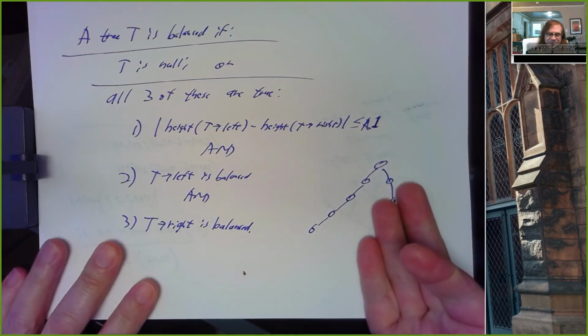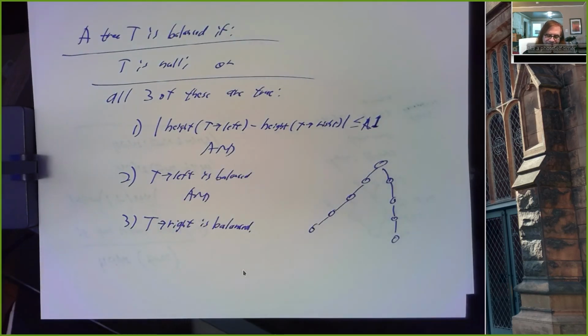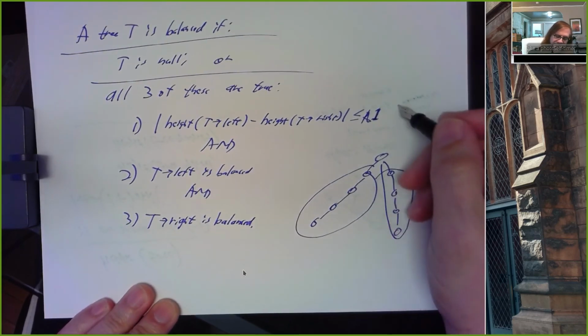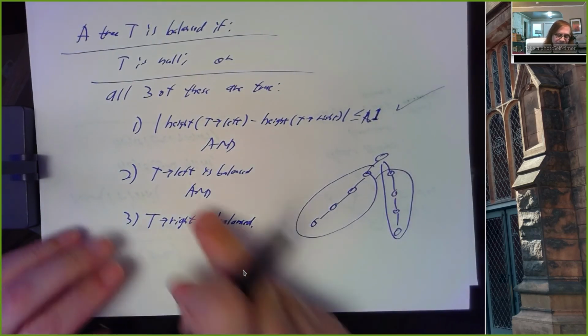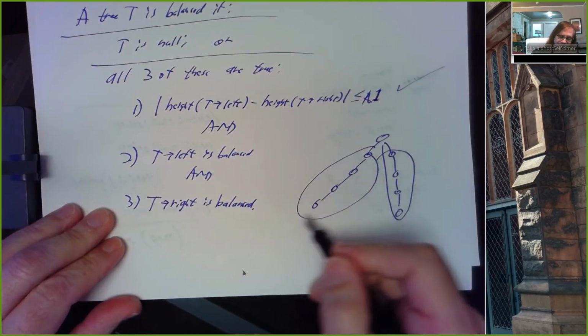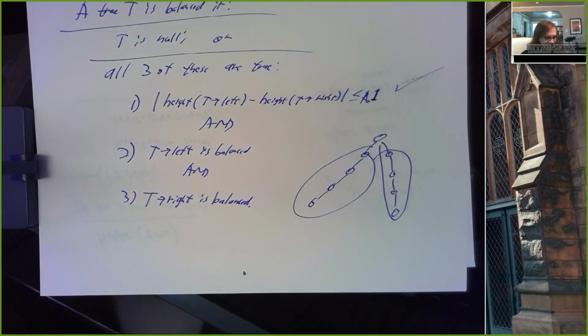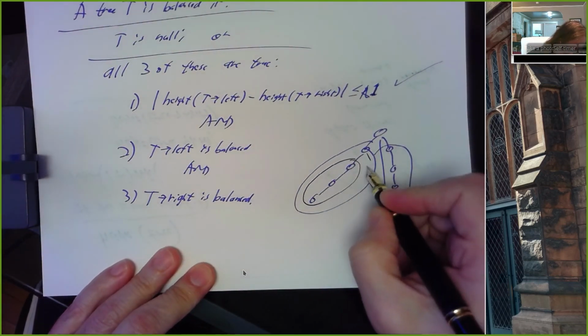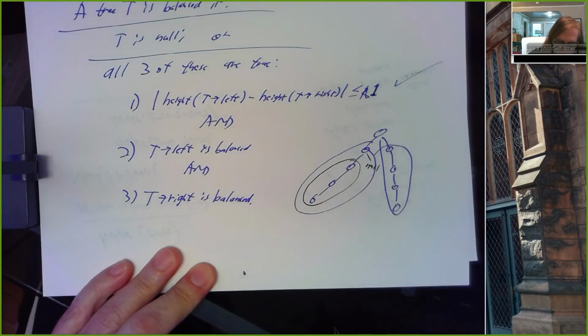So we check to see if this tree is balanced. Well, the heights of the left and right subtrees are exactly the same, so that condition's satisfied. But then we're going to call the balance function on this tree right here. Well, is that tree balanced? Well, first thing it's going to do is look at the height of the left subtree and look at the height of the right subtree.